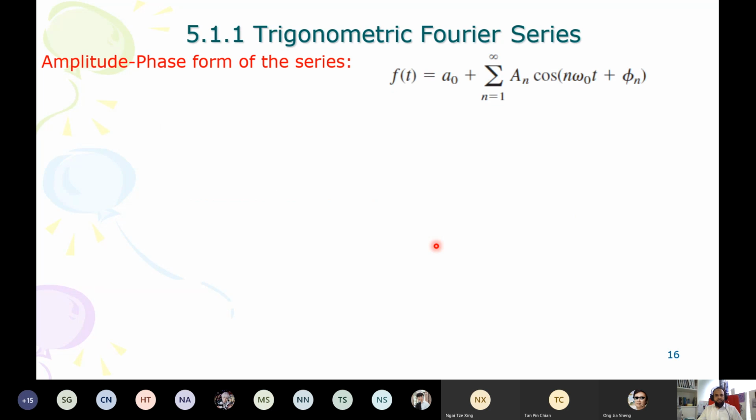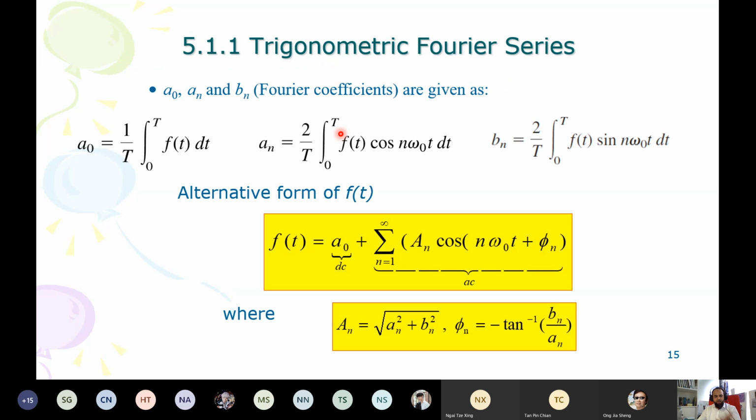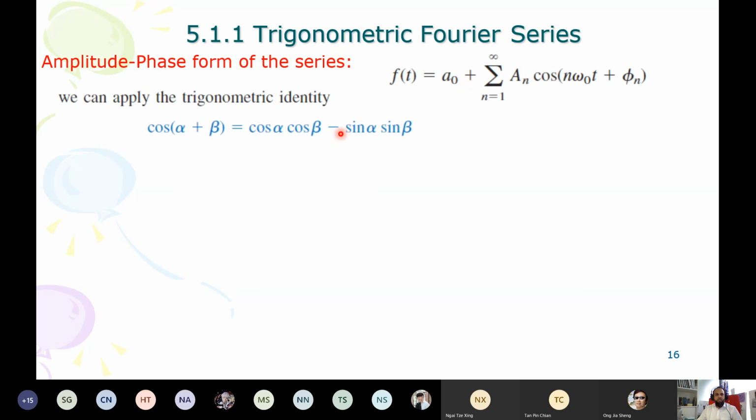All right, so this is how we get it. I think that the previous one should have come after I have discussed everything. We apply the trigonometric identity cos alpha plus beta is cos alpha cos beta minus sin alpha sin beta. So if we apply this here, this is alpha and this is beta.